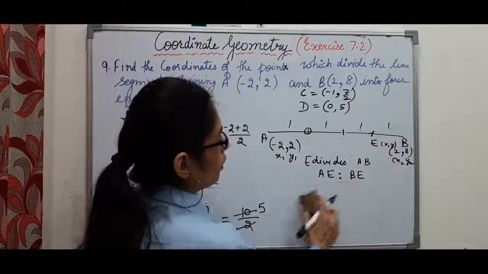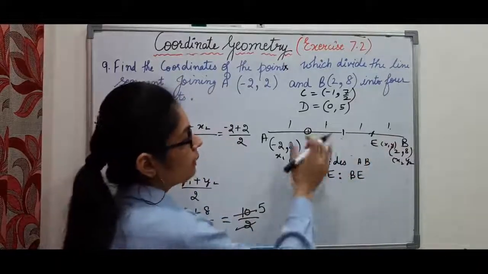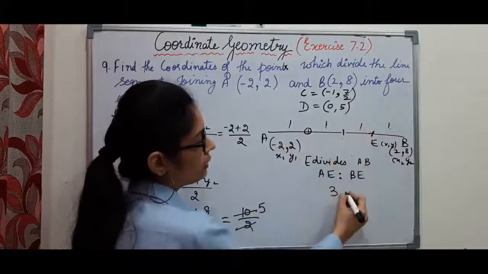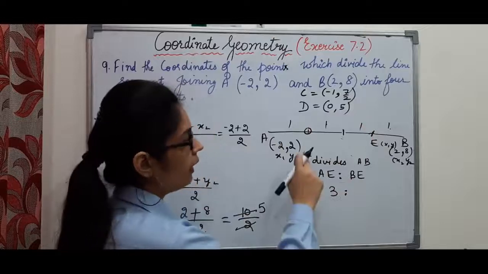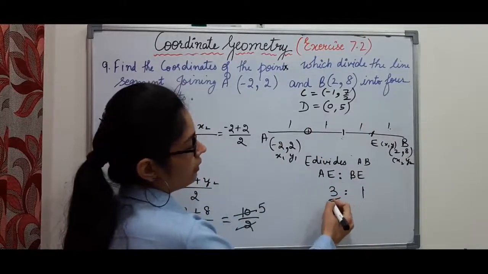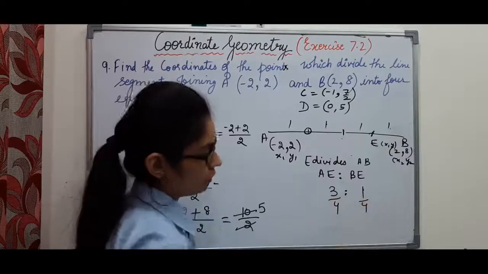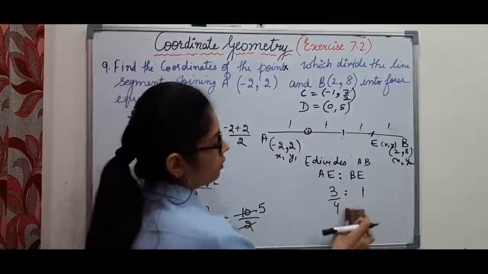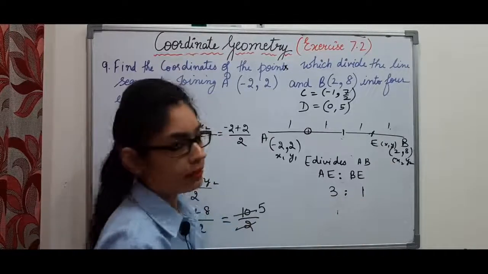So if you have drawn a rough sketch, it is clearly seen: 1 plus 1 plus 1. So in AE, three parts of this line are there, and here one part of the line is there. You can also write it is 3/4 and it is 1/4, because a total of 4 parts are there. This is not required because we are only finding the ratio.